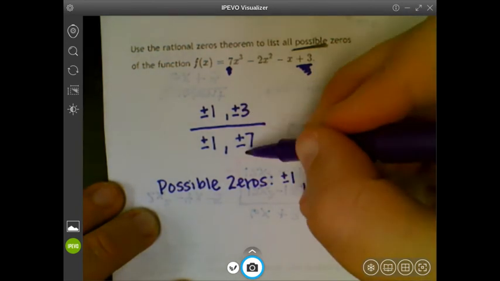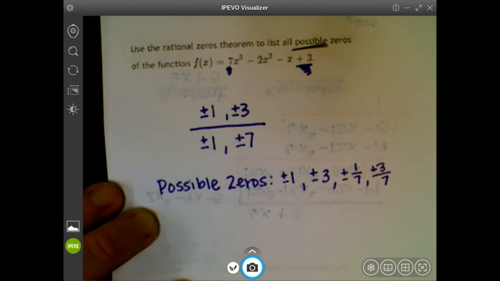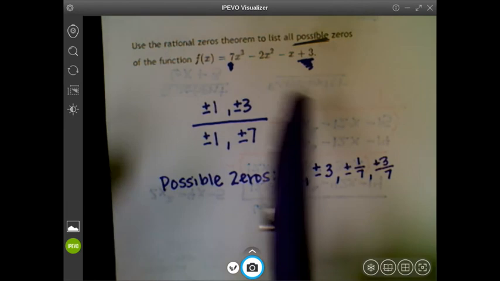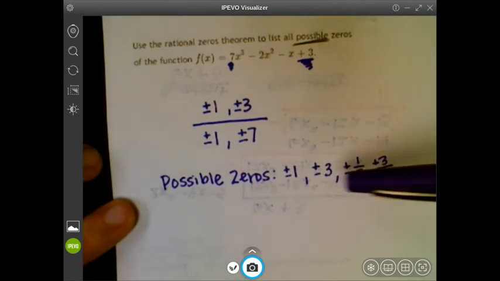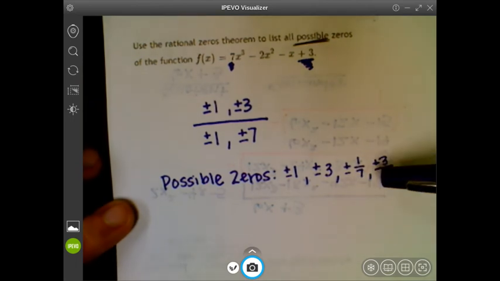And 3 divided by 7 is 3/7, so plus or minus 3/7. That means this polynomial could cross the x-axis at 1, negative 1, 3, negative 3, 1/7, negative 1/7, 3/7, or negative 3/7.